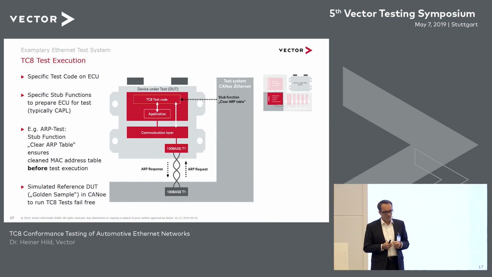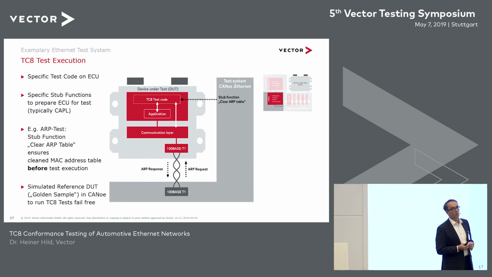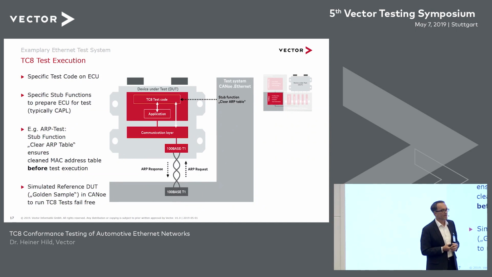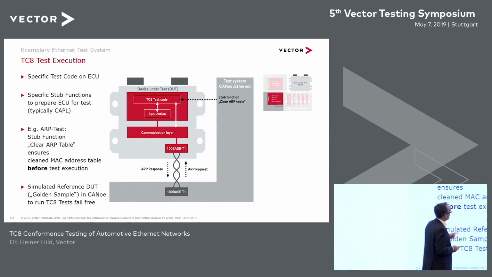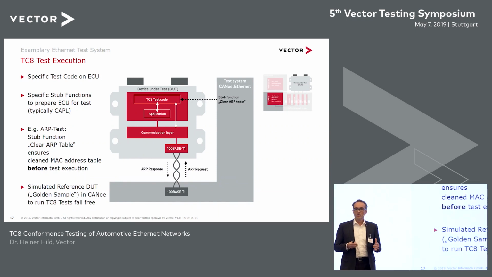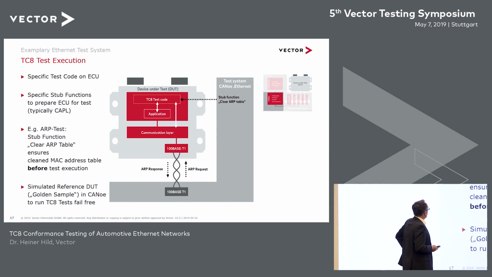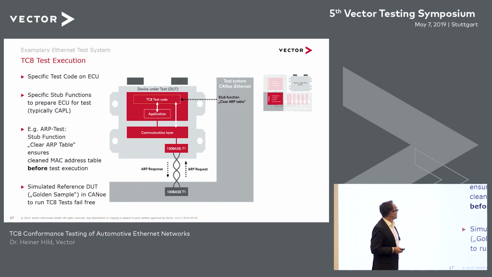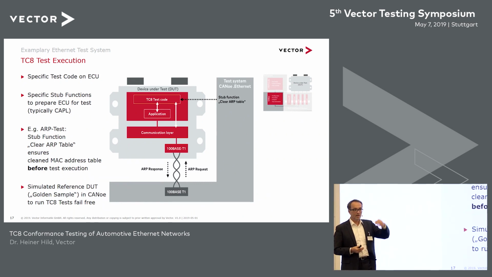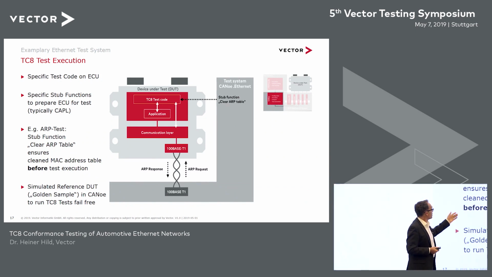I have to add here that as a rule, they cannot be simply connected to the device under test, but the DUT needs functionality to be capable for the testing. At the same time, it's required that in the sequencing environment, CANoe, code is running that interacts with the device under test in order to prepare the test. An example, the address resolution protocol: if you wish to test that, then before that, you have to clear the address table, and that's a functionality that the execution environment has to offer.